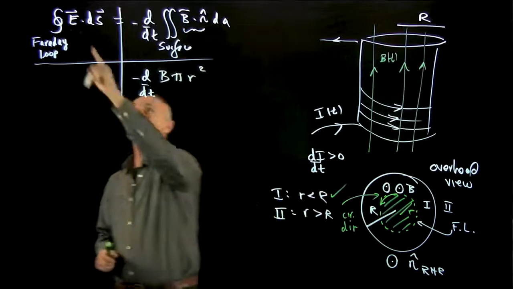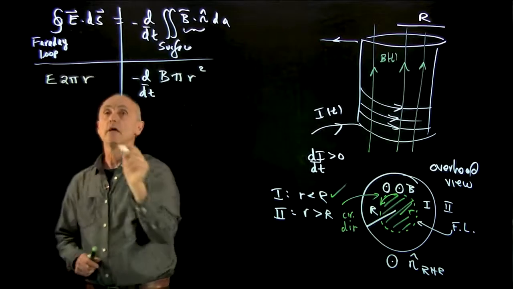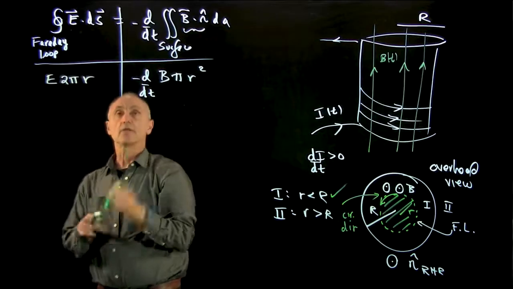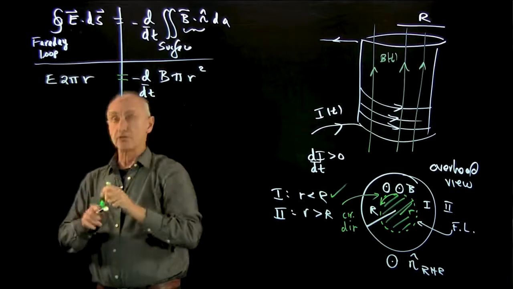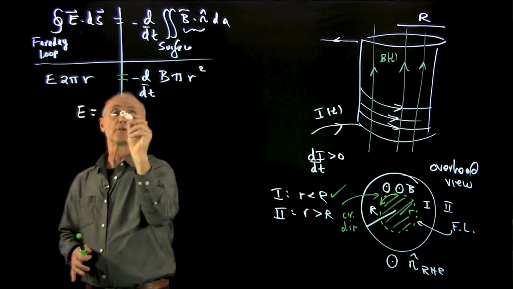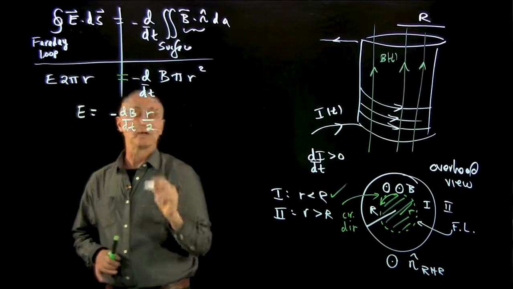And on the left side, here we have E times 2 pi r. And this law is equating these two quantities. They're quite different. I equate them by the physical law. And I can see that I get an electric field that's equal to minus dB/dt times r over 2.